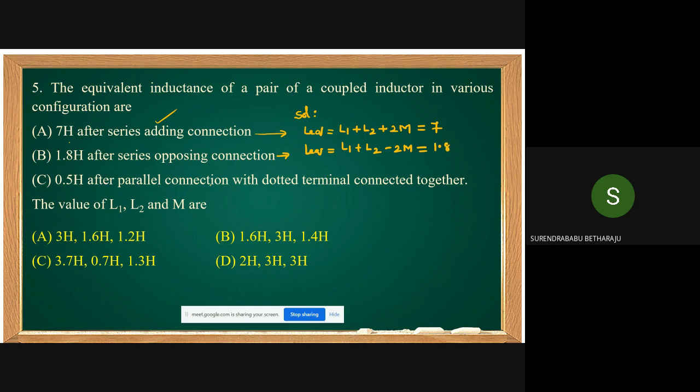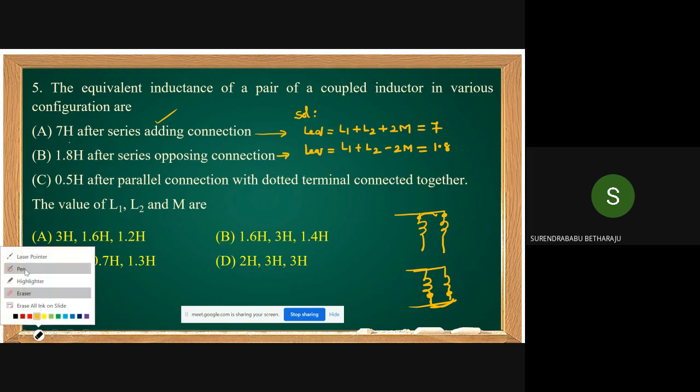0.5 Henry after parallel connection with dotted terminals connected together. Dotted terminals together means like this: both are dots here, or both the dots are here. That is an aiding connection. Even though it's a parallel connection, it is an aiding connection.